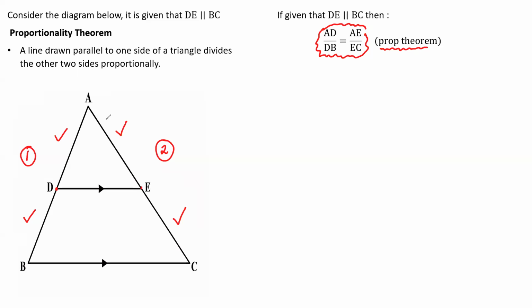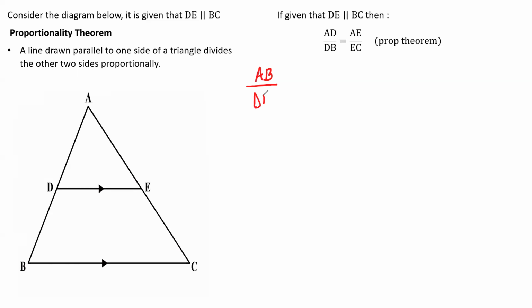So in other words, check this out. If I said AB over DB, what would I say on the other side? Work with me. So it's AB over DB. I need to make sure the other side is also good so that I know what's going on. I said AB over DB.